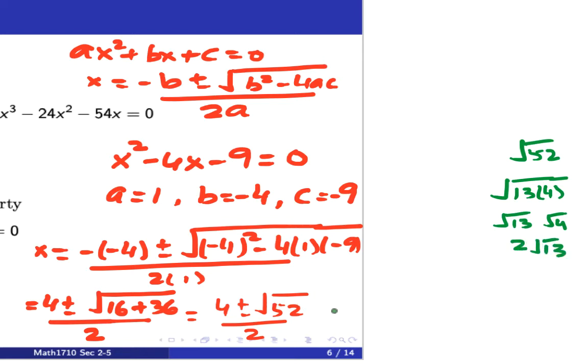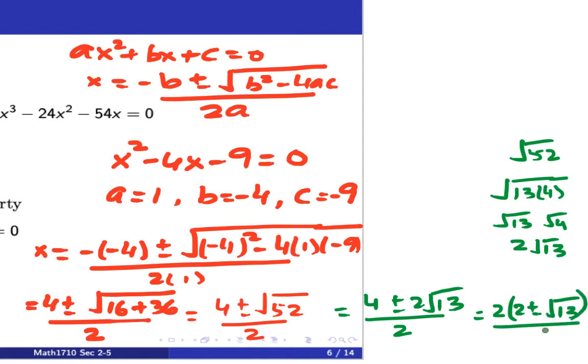So we come back to this equation. We have 4 plus or minus 2 square root 13, over 2. Notice this 2 is common in all 3 terms here, so we can factor 2 out: 2 times 2 plus or minus square root 13, divided by 2.